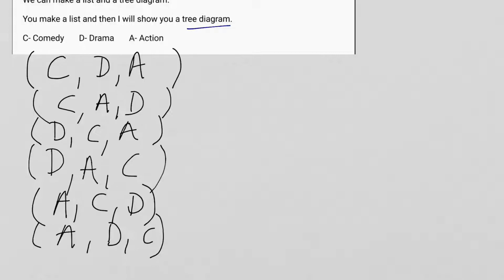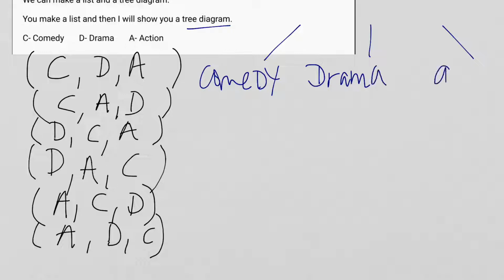It's called a tree diagram because you actually have lines that look like branches for this. So I'm going to start off with 3 because I have 3 possible things. I have comedy, drama, action.